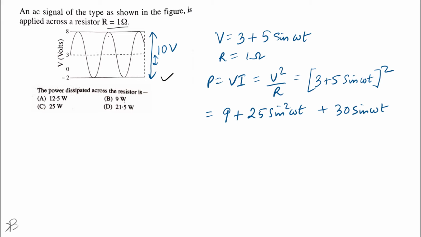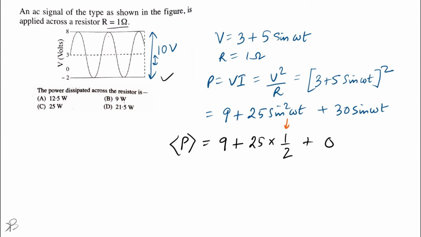Now the power, that is the average power, will be the average of 9, which is 9, plus 25 times half, because the average of sine square theta is half, plus 0.